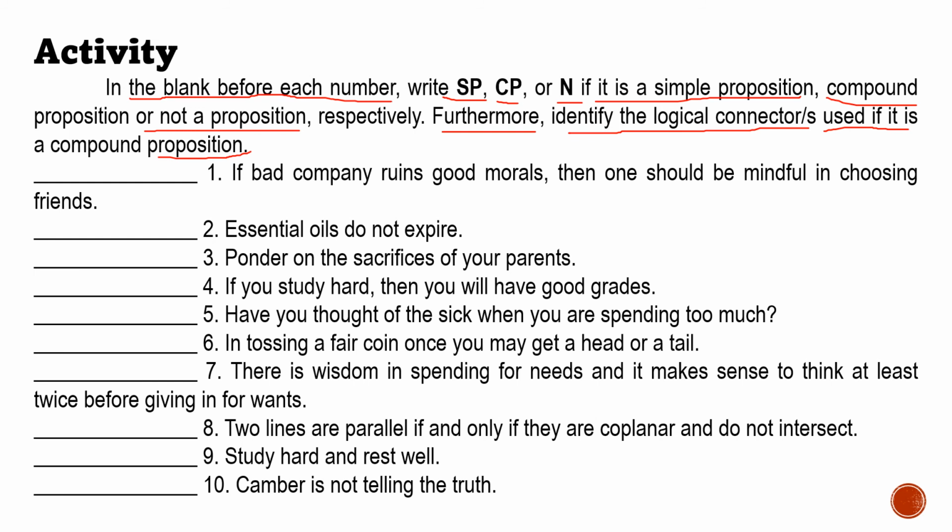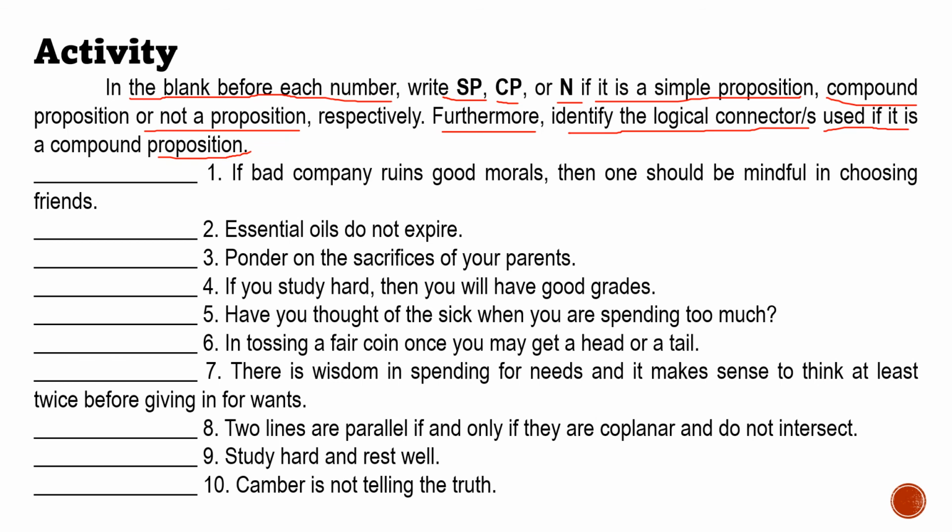If they are not, then you just put N. If they are propositions, then you need to identify if they fall under simple proposition or compound proposition. And if they are compound propositions, you need to identify the logical connector or connectors used.